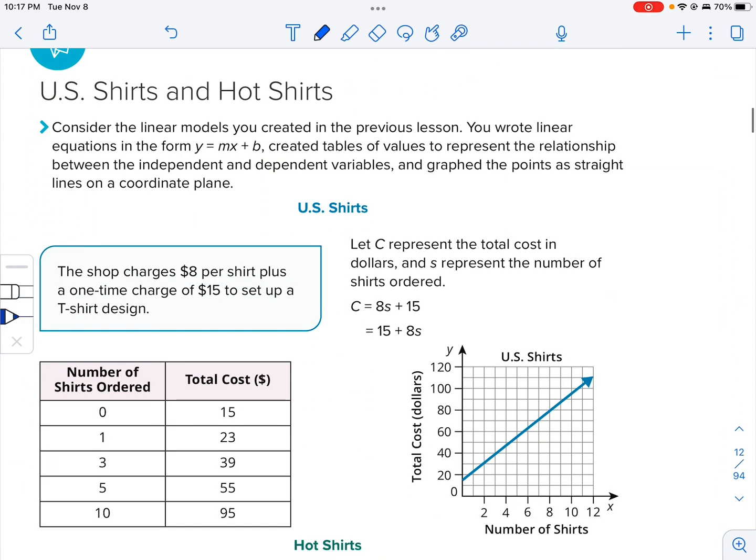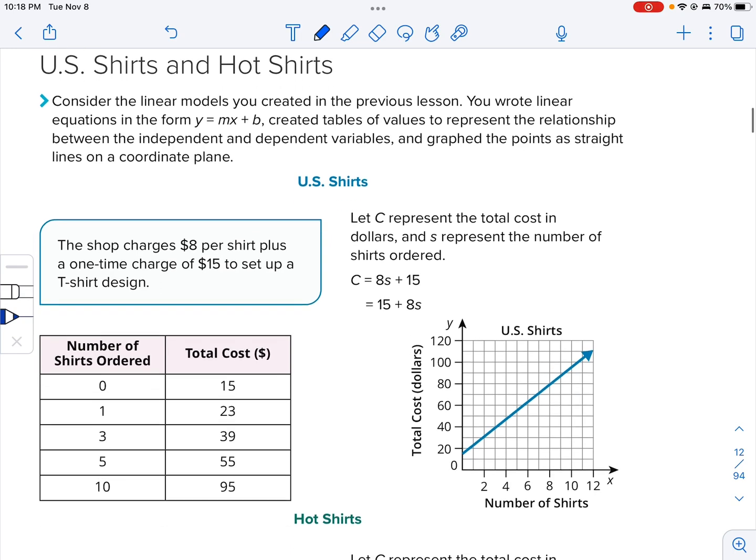Okay, consider the linear models you created in the previous lesson. You wrote a linear equation, y equals mx plus b, created tables of values to represent the relationships between the independent and dependent variables, and graphed the points as a straight line on a coordinate plane.